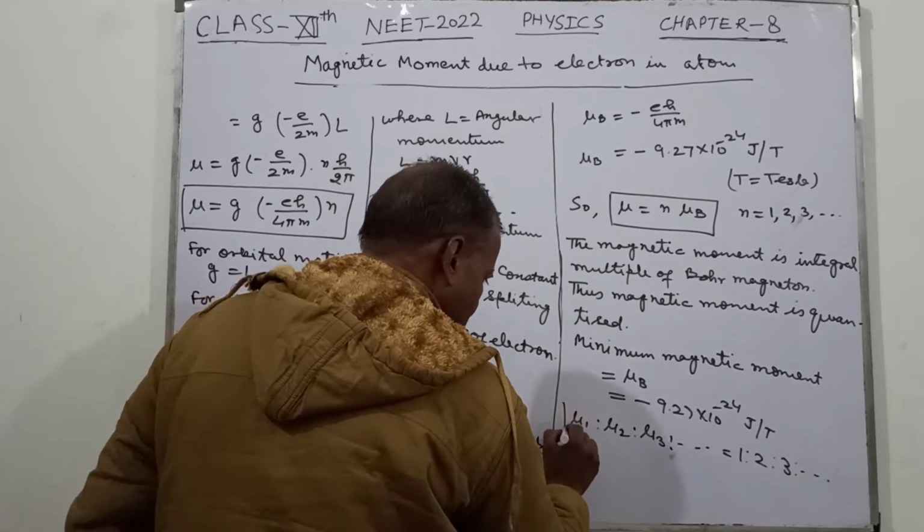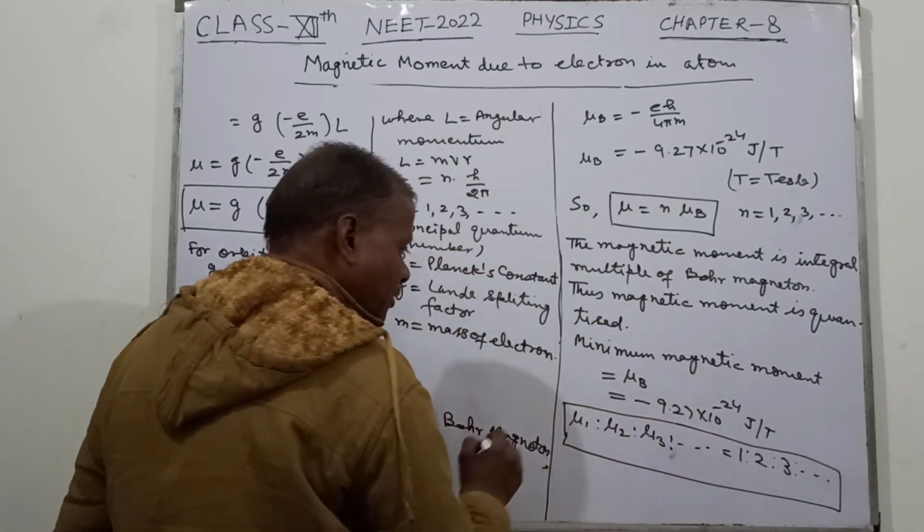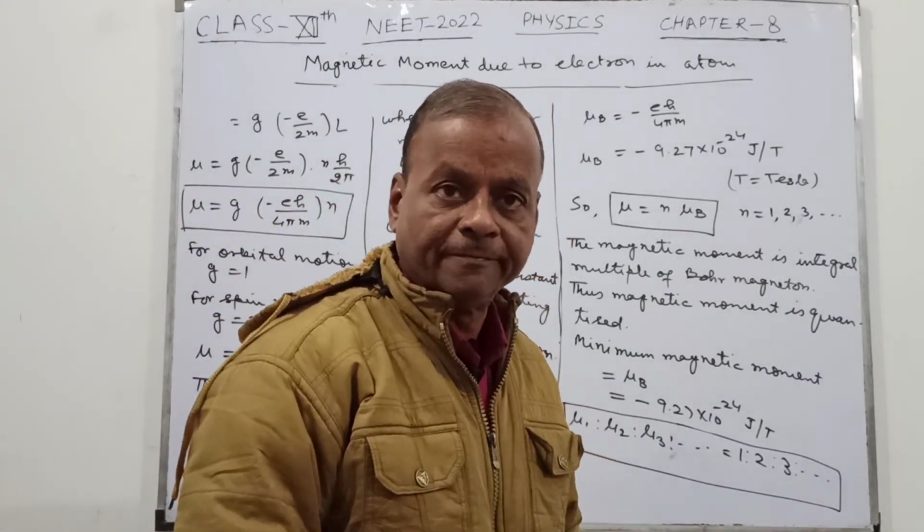The magnetic moment is always a multiple of the natural numbers 1, 2, 3, 4, 5, 6, 7 and so on.